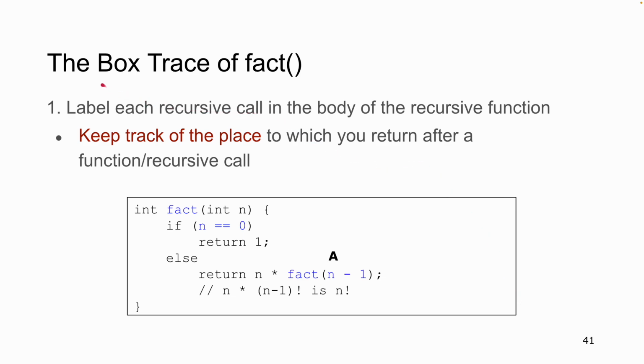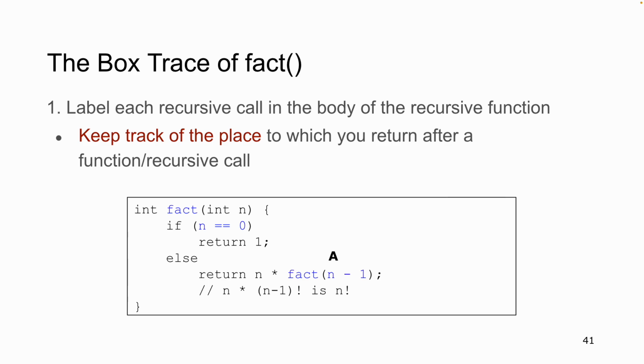To use the box trace for this recursive function fact, the first thing we need to do is to label each recursive call in the recursive function body. Because in more complex cases, we might have multiple recursive calls in the same recursive function.